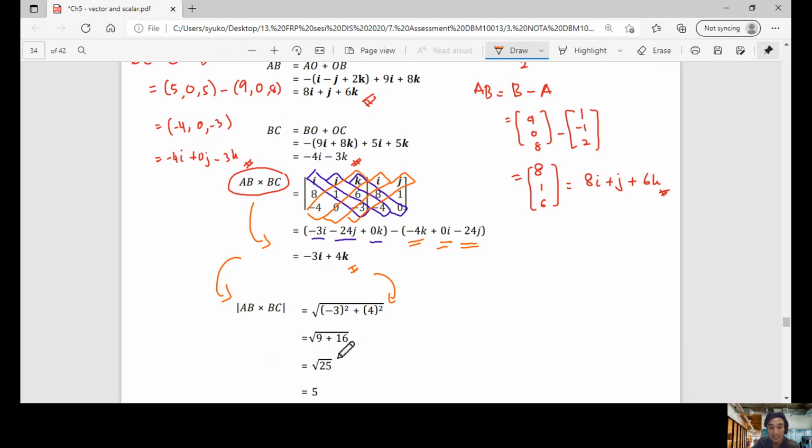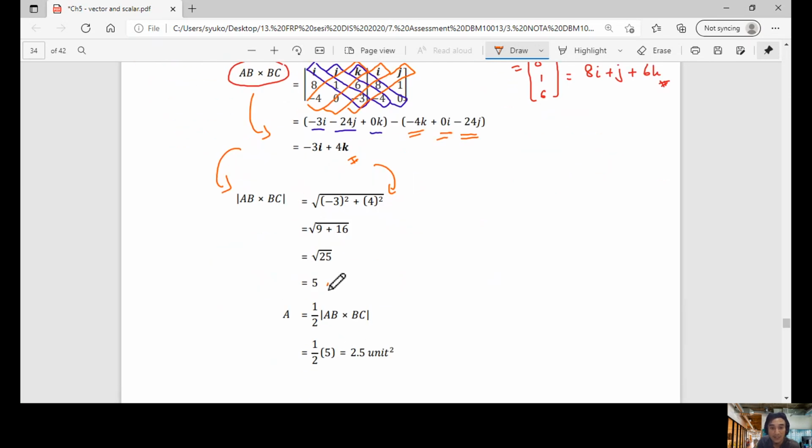Okay, so we will get the answer 5. And then after that we continue with the correct formula, which is 1/2 times modulus of AB cross BC, and we know that the value of the modulus is 5. So 1/2 times 5 equals 2.5 unit squared. So that is the example for the area of a triangle.